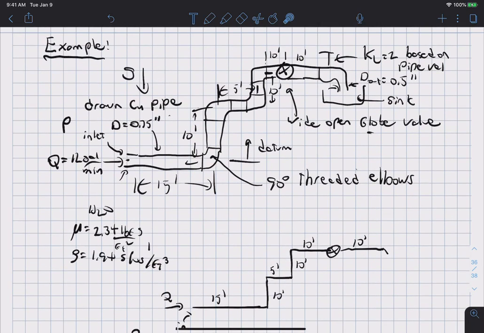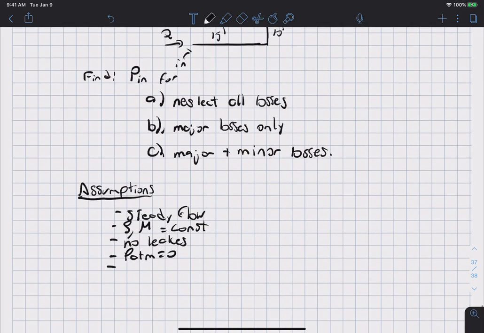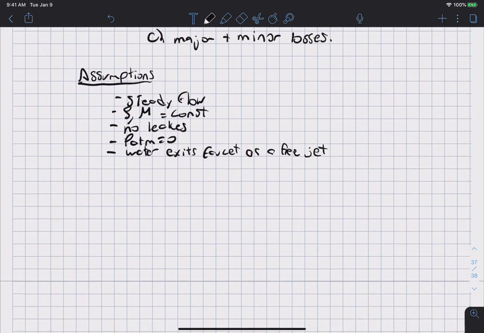Now, when you turn on the faucet, which is right here, and it goes into the sink, that water is exiting as a free jet. So we're going to assume that the water exits the faucet as a free jet.